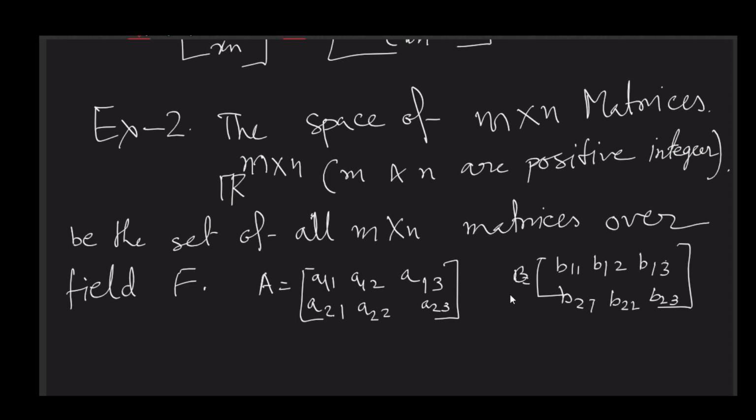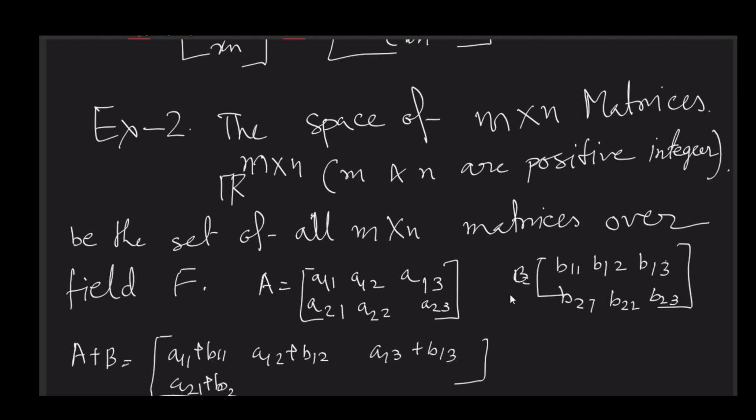So now if we do this, it will result in A11 plus B11, A12 plus B12, A13 plus B13, so on, A21 plus B21, A22 plus B22, A23 plus B23. So item-wise addition I am talking about.